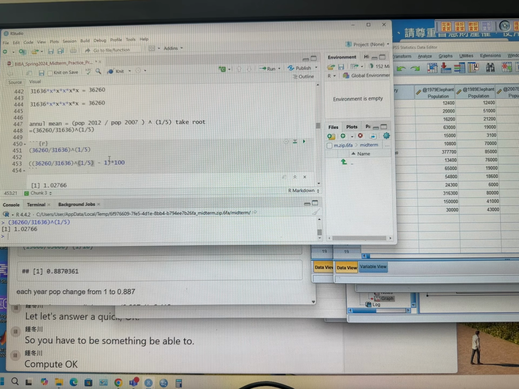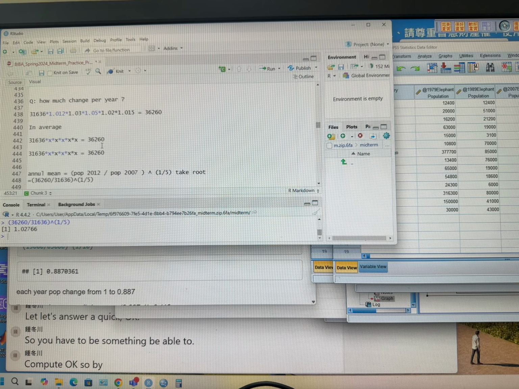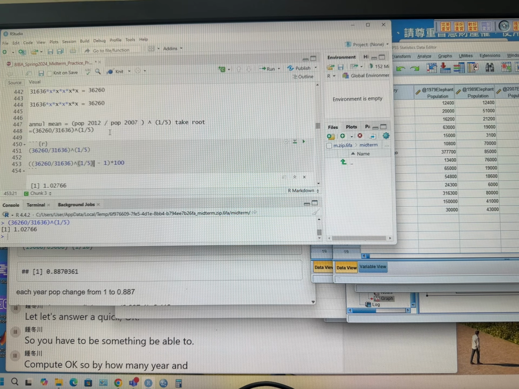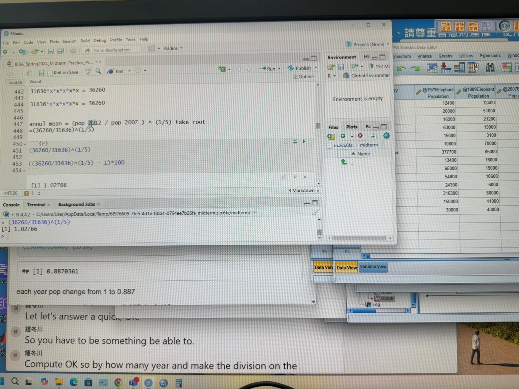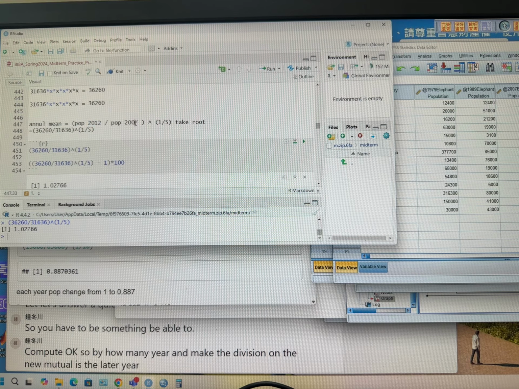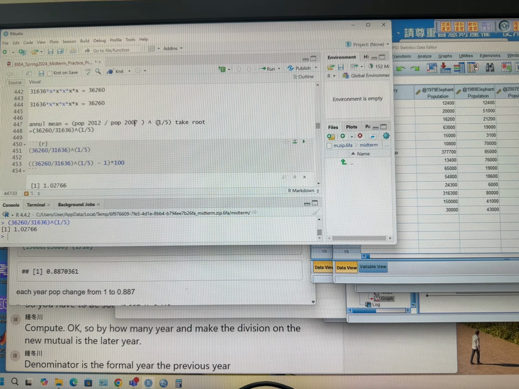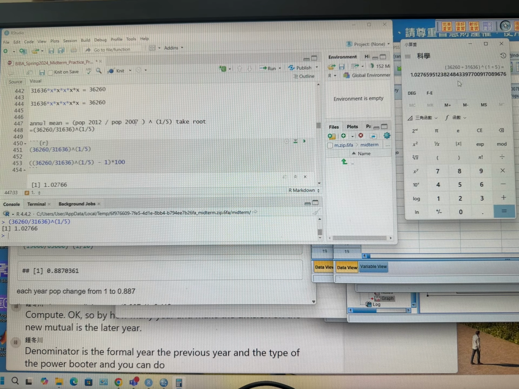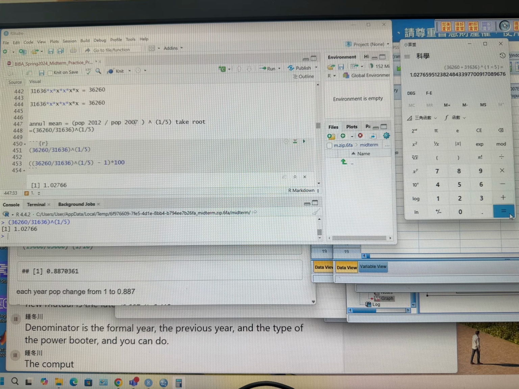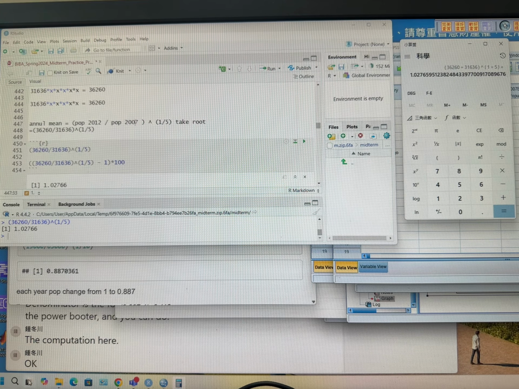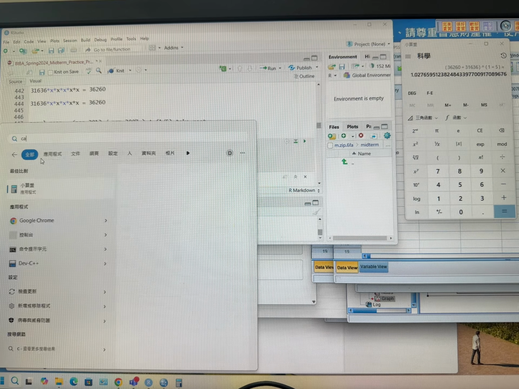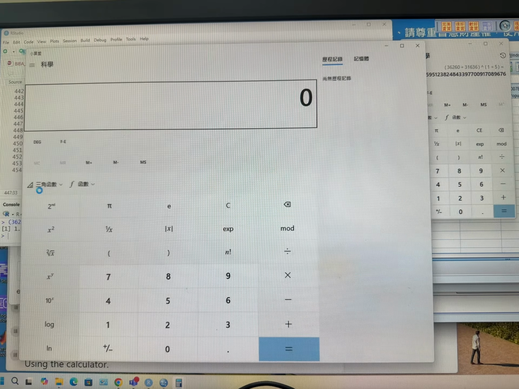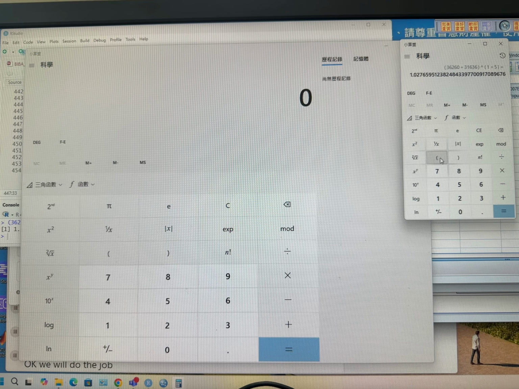Specify how many years and make the division, where the numerator is the later year and the denominator is the former year, the previous year, and then take the root. And you can do the computation here using the calculator. It will do the job, but use it carefully.